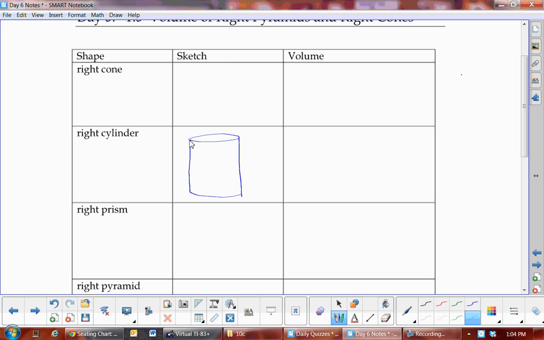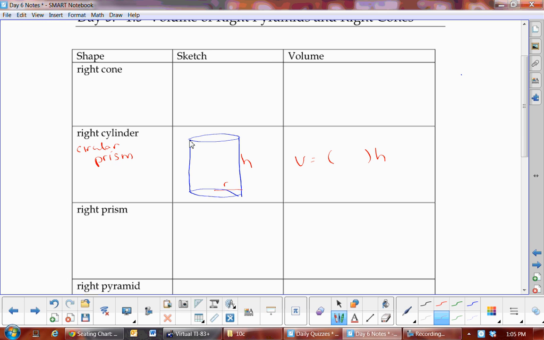In the right cylinder, all you need to know is the radius and the height to be able to find the volume. Whenever you're doing any prism, it's always area of the base times height. So volume equals area of the base times height.